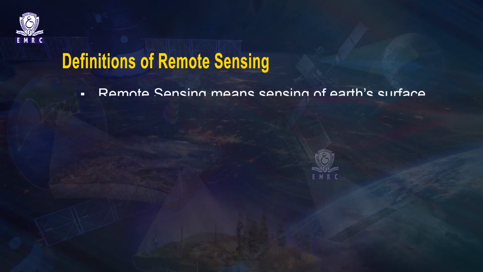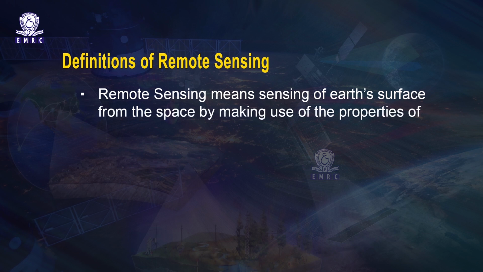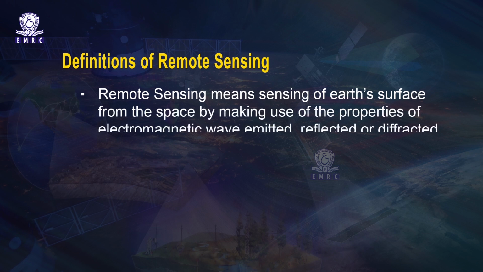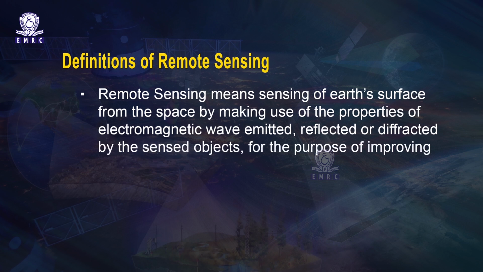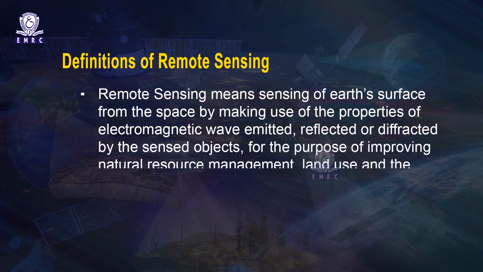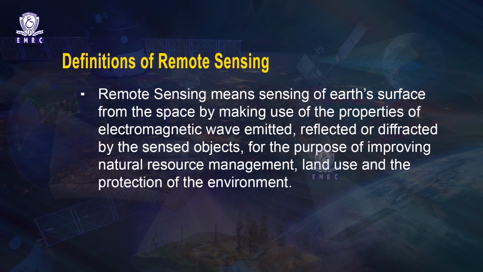According to the United Nations, remote sensing means sensing of Earth's surface from space by making use of the properties of electromagnetic waves emitted, reflected, or diffracted by the sensed objects for the purpose of improving natural resource management, land use, and the protection of the environment.